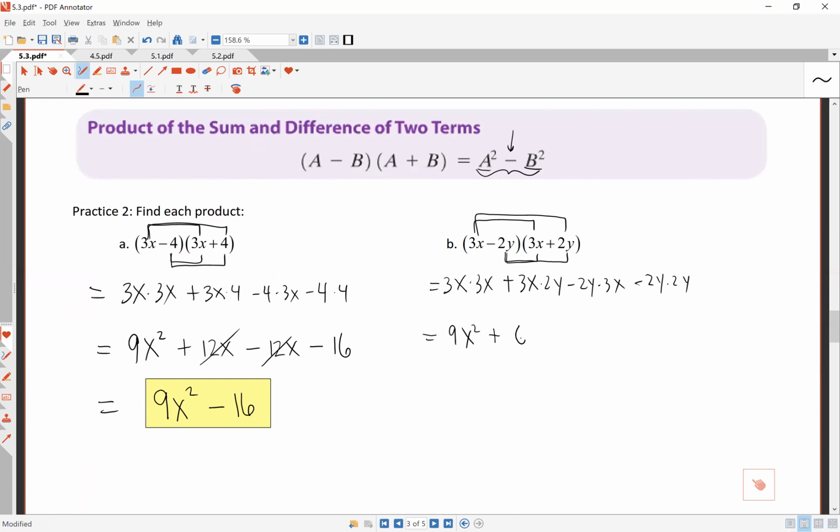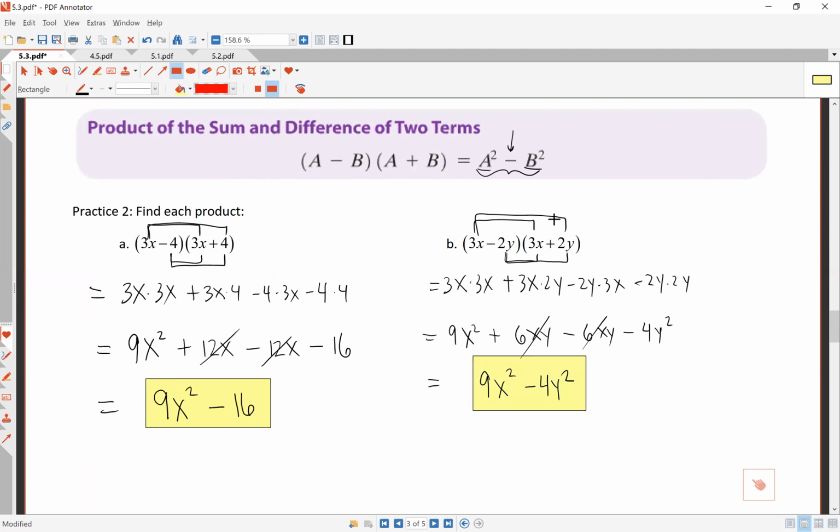Middle terms are 6xy and a minus 6xy. Minus 4y squared. The middle two terms cancel, and we're left with 9x squared minus 4y squared. It's the difference of squaring 3x and 2y.